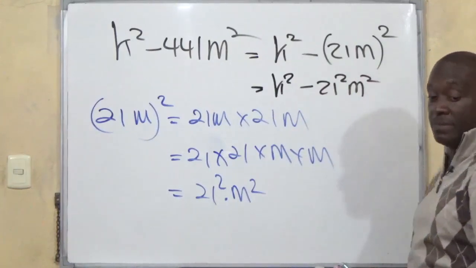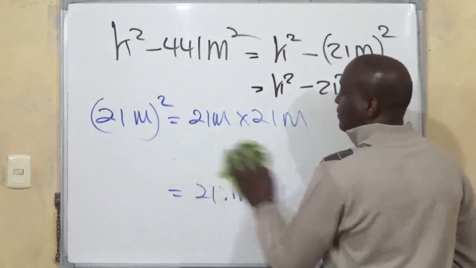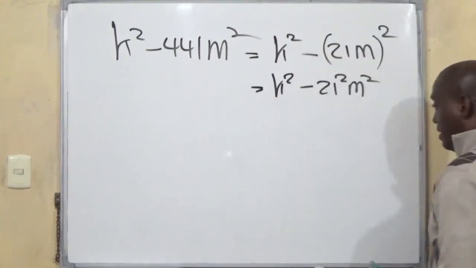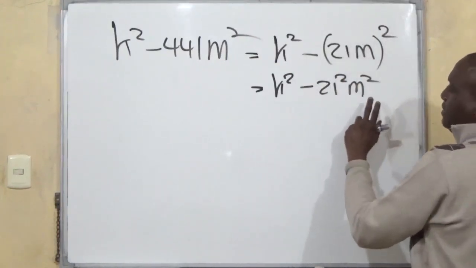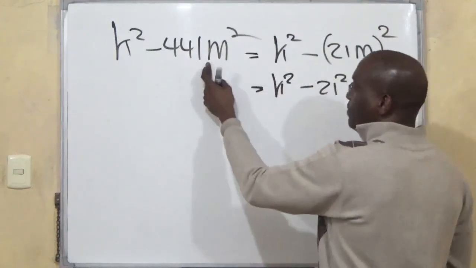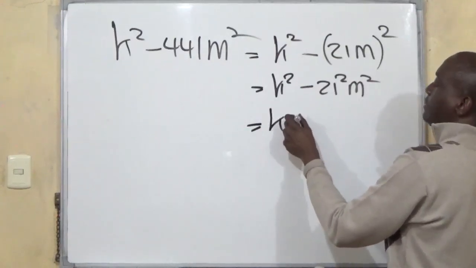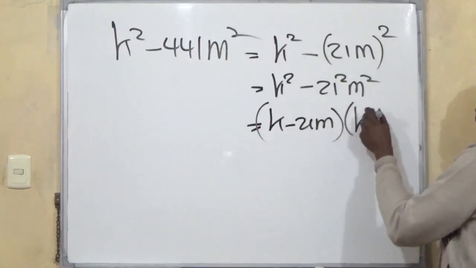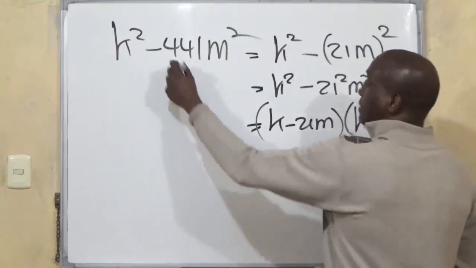Either way, same difference, right? And then after you do that, your very next line would be, having recognized that 21m all squared is the same thing as 21 squared by m squared, which is 441m squared, then your next line would just be k minus 21m into k plus 21m.